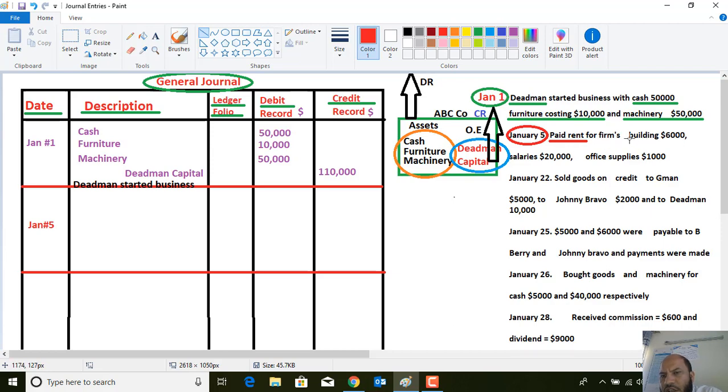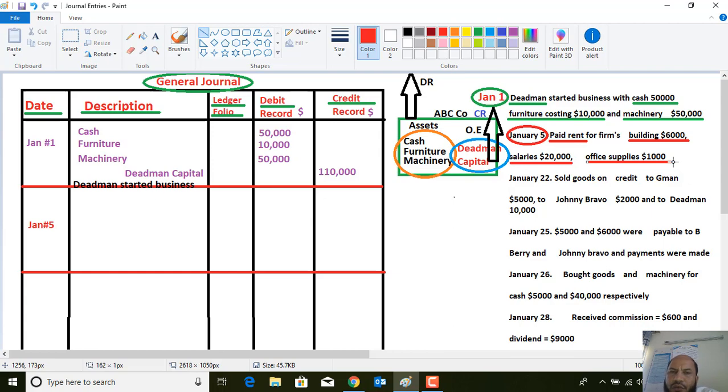Rent of what? Rent of the building, and the cost of this building rent was 6,000. Along with this, Deedman paid the salaries, which had a cost of $20,000 towards the business, and he also used the office supplies for $1,000.